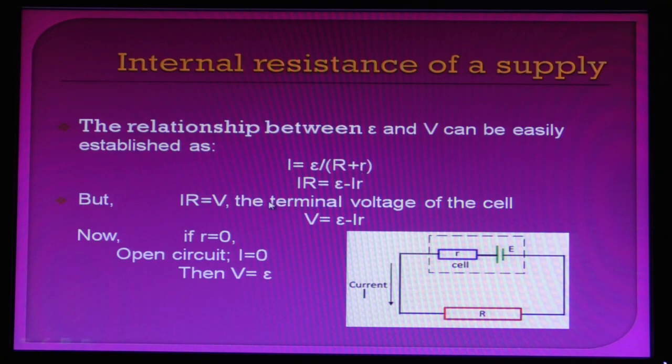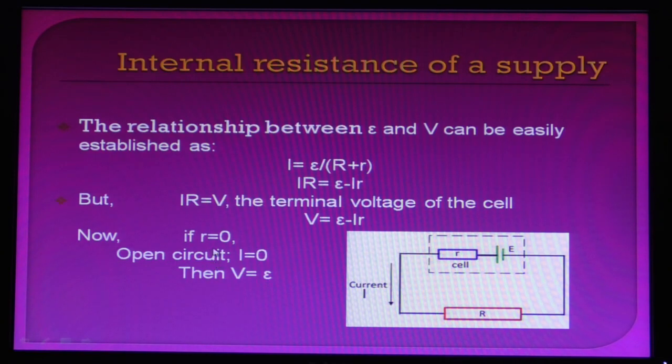So in this relation, instead of IR, we write V. So V is equal to epsilon, that is EMF, minus I into r, where I is the current passing through the circuit and small r is the internal resistance of the cell.